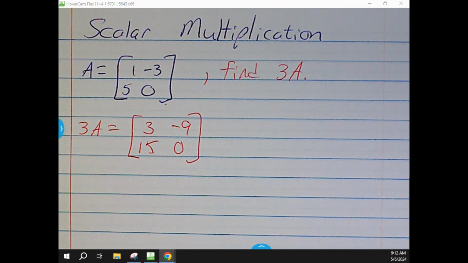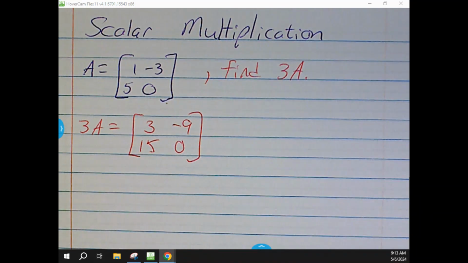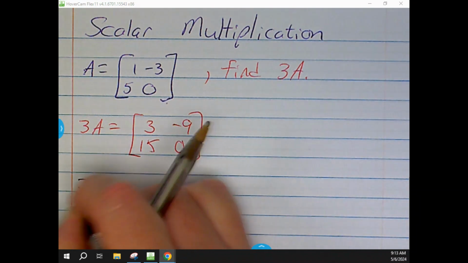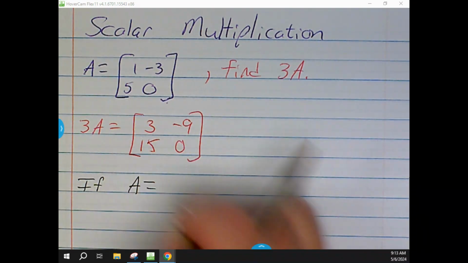Okay, then they use that with addition and subtraction that they're going to ask you to find. All right, so let's do this.